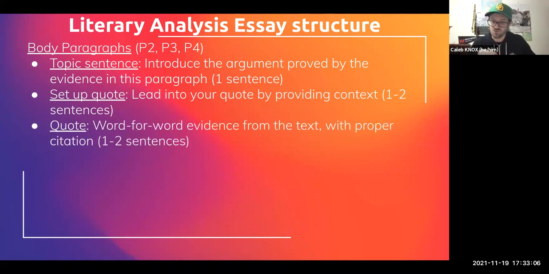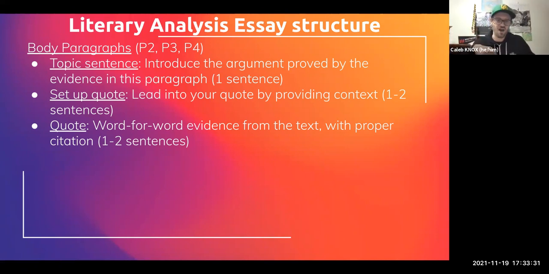Then you have your actual quote, right? And when you pick out your quote, you're going to actually copy down the word for word quote from the story, okay, with a proper MLA formatted citation. In Romeo and Juliet and other works that are plays, that's going to include the act number, the scene number, and the line number.